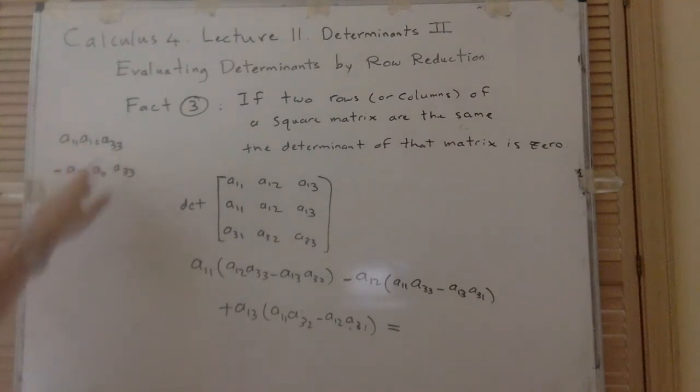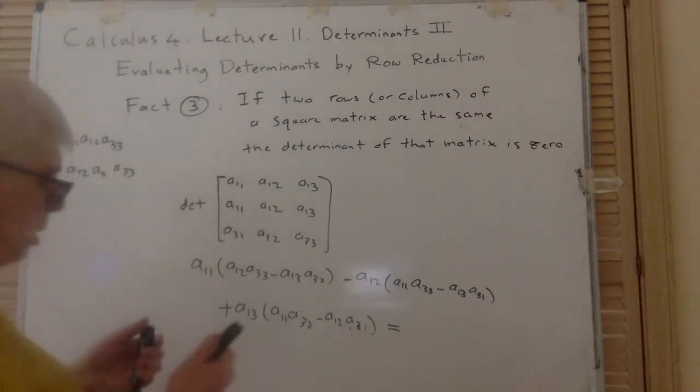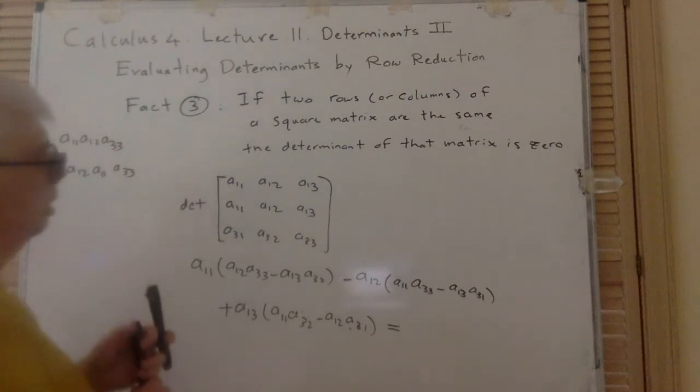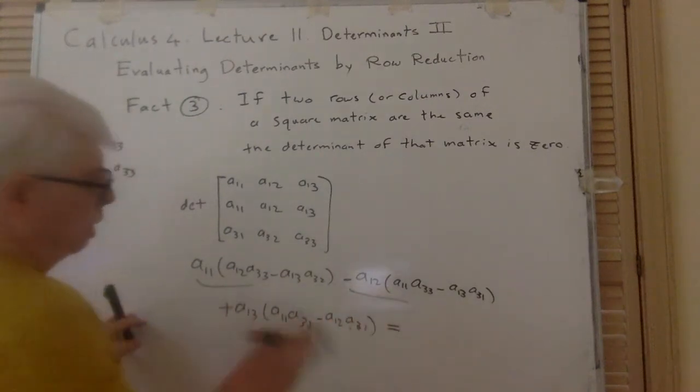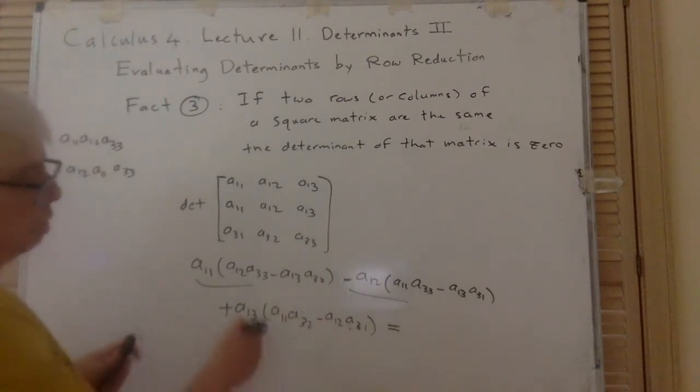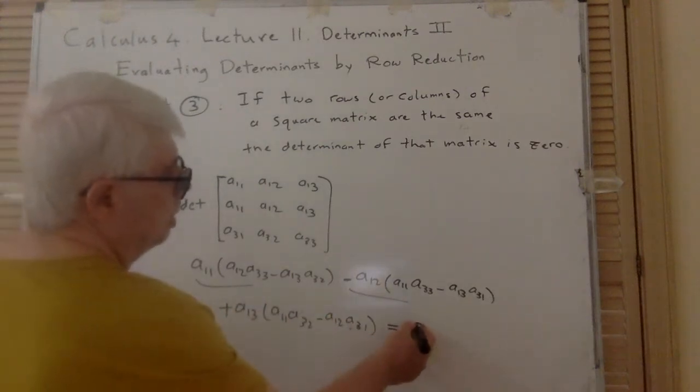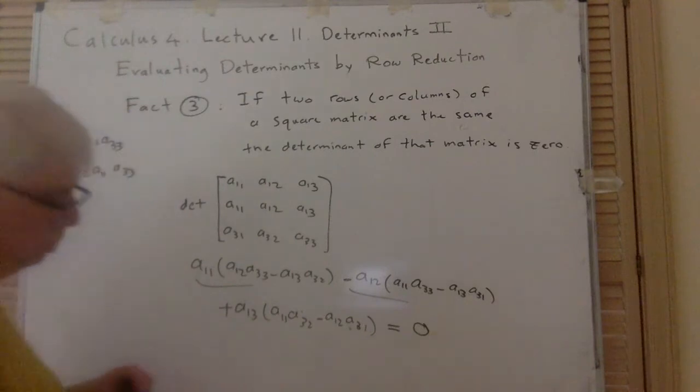This is 1, 2, this is 2, 1. That flip changes the sign, and so whatever the sign of this one is, the sign of this one is the negative of this. So they cancel out. In fact, the proof using that, what I said, is like that. Some of them cancel, and you can just write this down for yourself and see that they cancel out, and you will get 0.